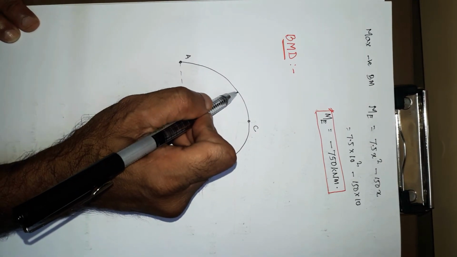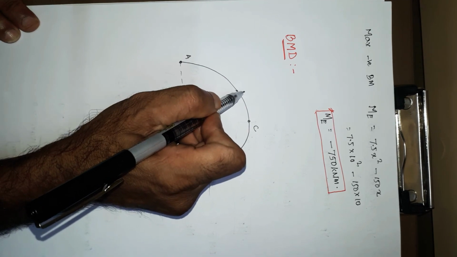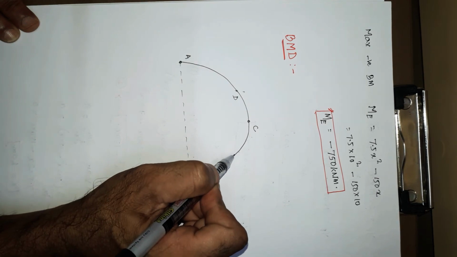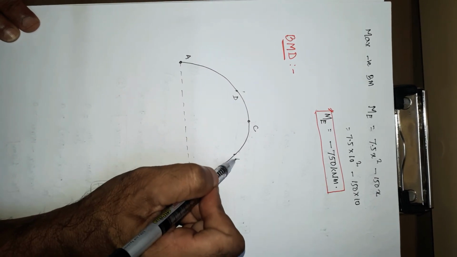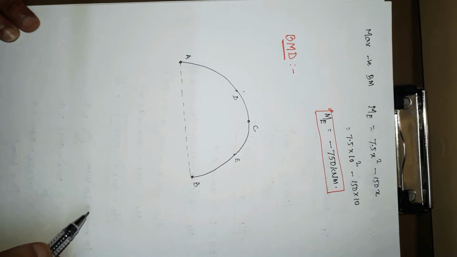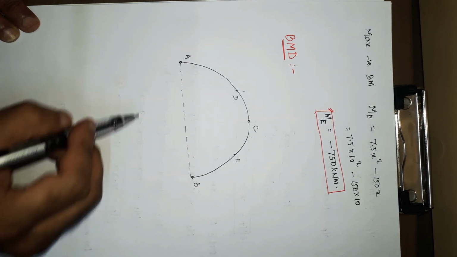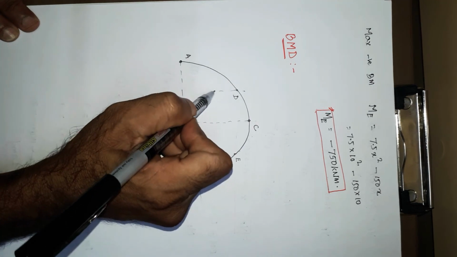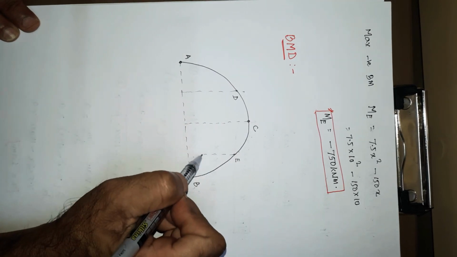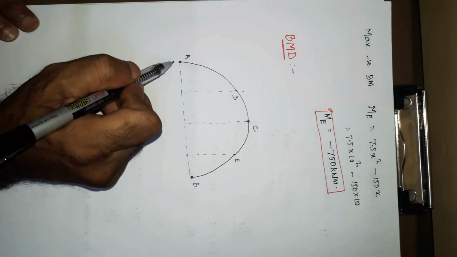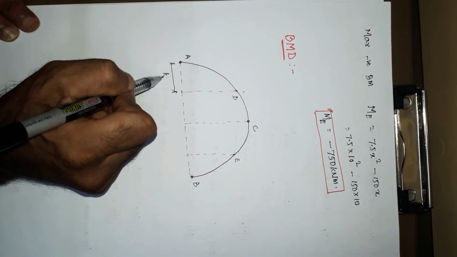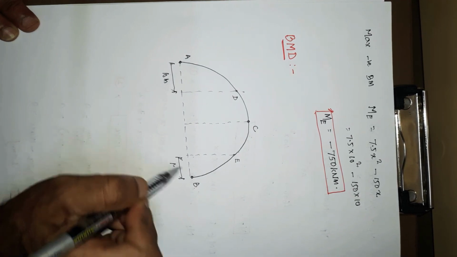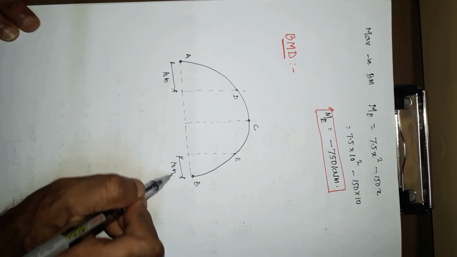We have calculated the bending moment at D, and we have calculated the negative bending moment at E. So this point D is 10 meter, and this point E is also 10 meter from support B.